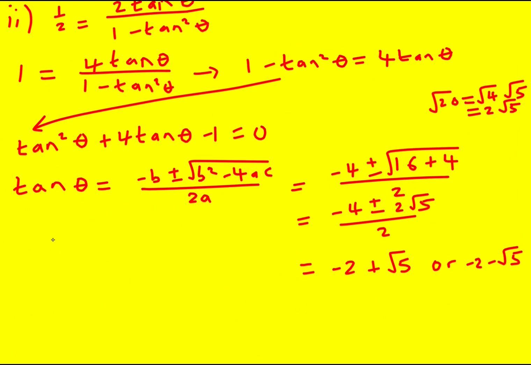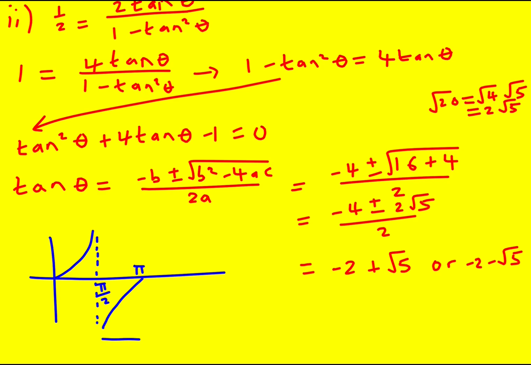Okay, well, let's draw a graph of tan theta. Y equals tan theta. So for acute angles, tan theta is positive. That is from 0 to pi over 2, or 90. And then after that, it swaps around and becomes negative. This is the obtuse angle region.